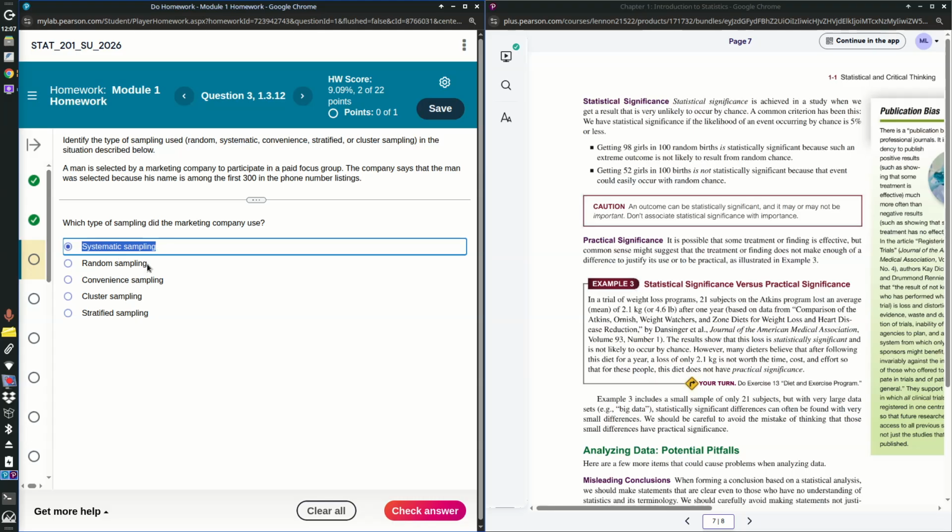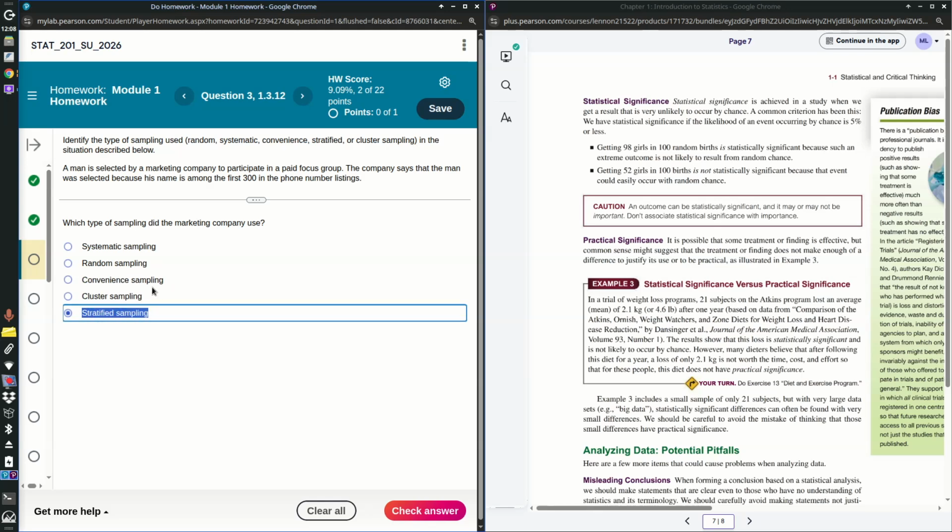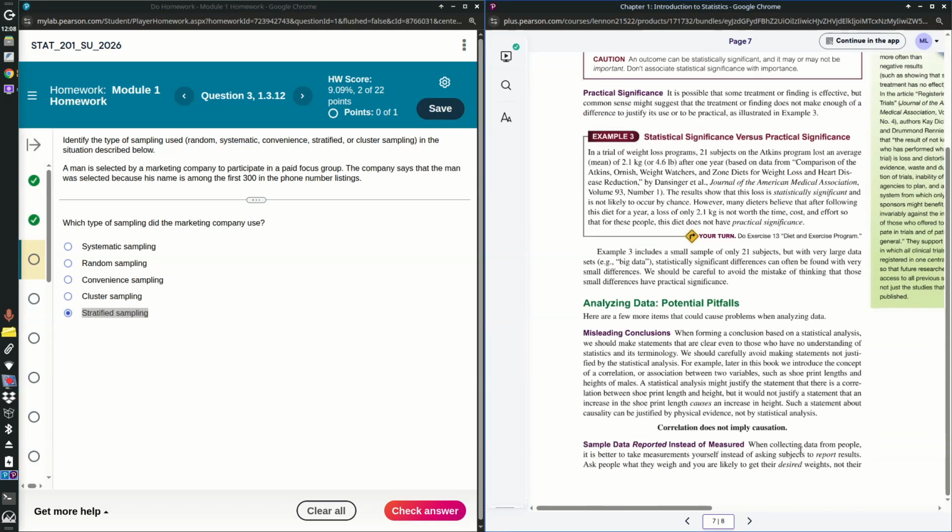Random might be created using any kind of pseudo-random algorithm by a computer, or even atmospheric noise, something like that. Convenient sampling might be something like creating a Facebook survey, something that's just easy to do, going door to door in your neighborhood. Cluster sampling and stratified sampling looks at subdividing populations of samples that you have.